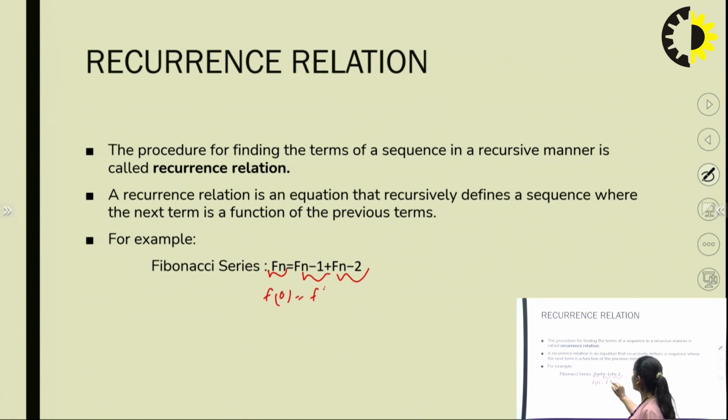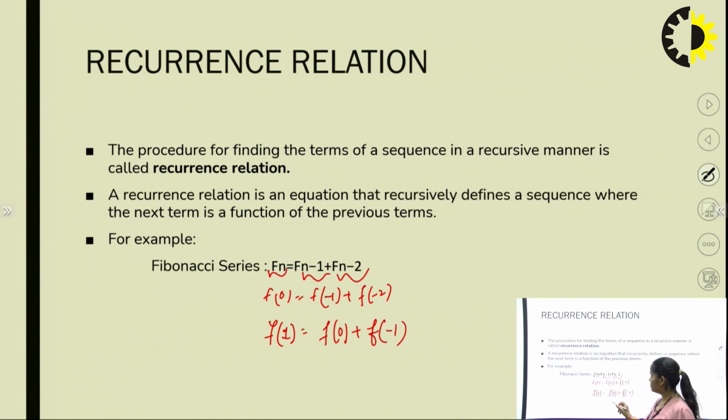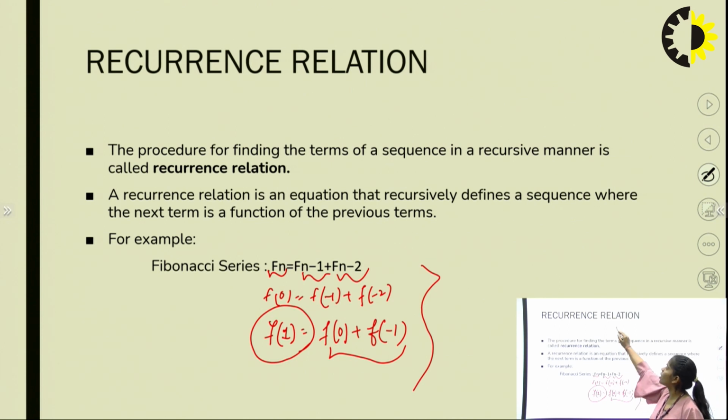Then when we find F1, we are using F0 and F(minus 1). So we are using the previous values and calculating the present value, and in this type of concept we are using the recurrence relation.